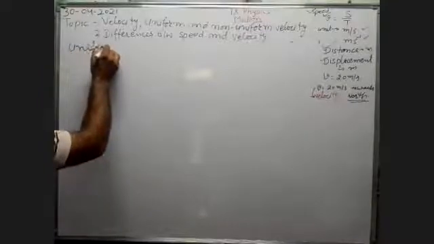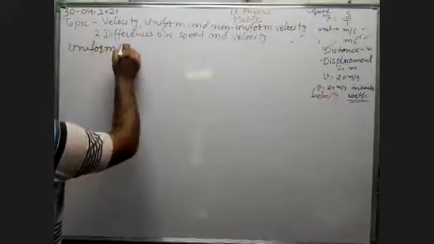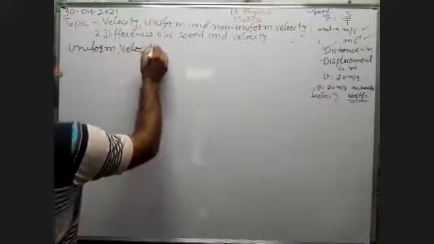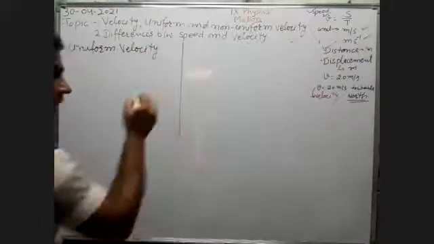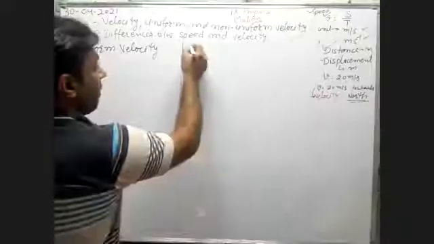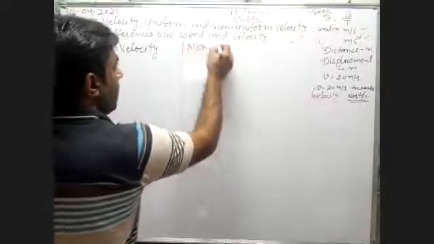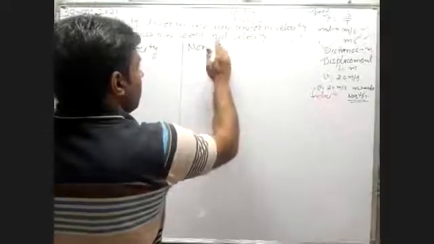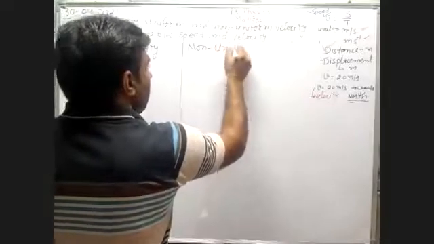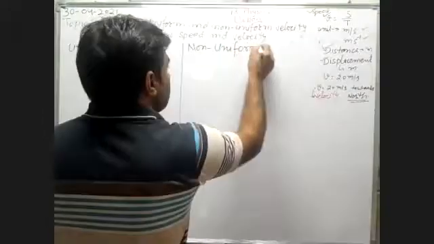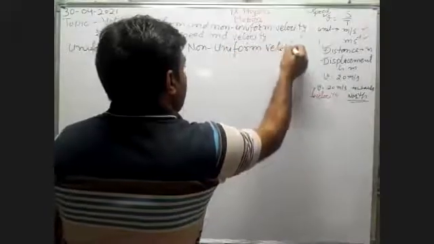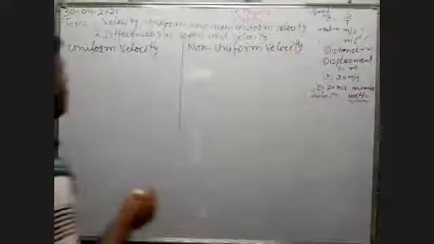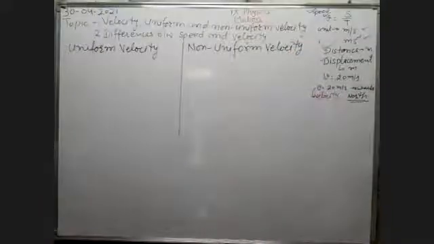Uniform motion means when an object travels equal distance in equal intervals of time. Velocity also depends on uniform and non-uniform motion.